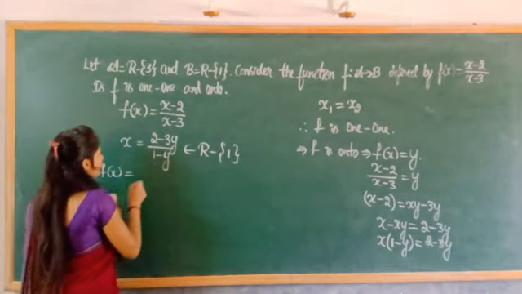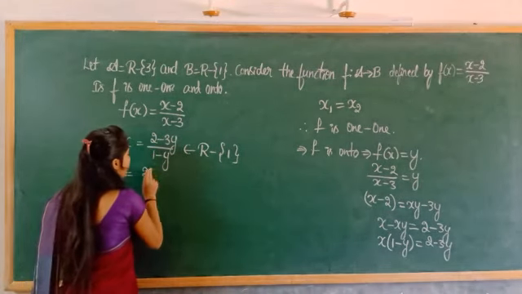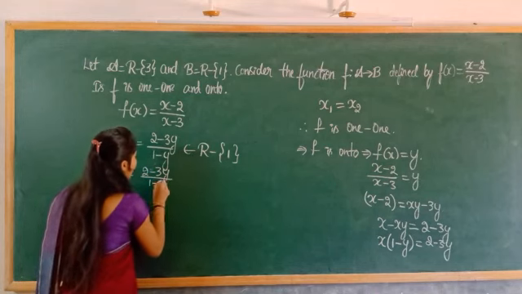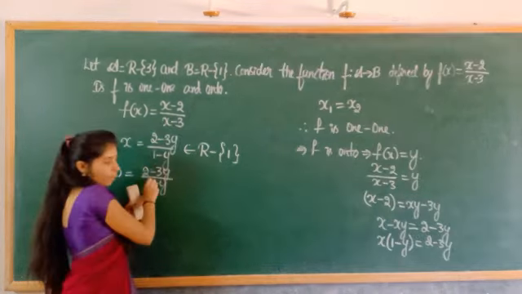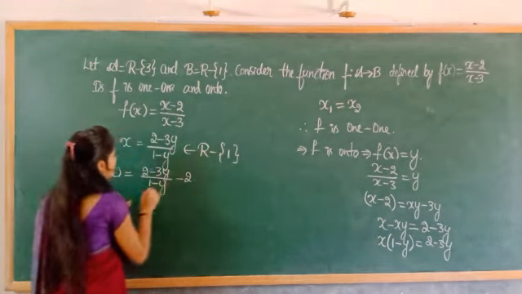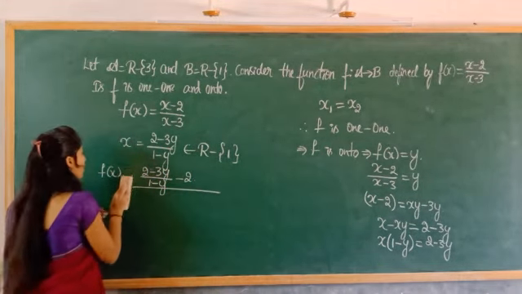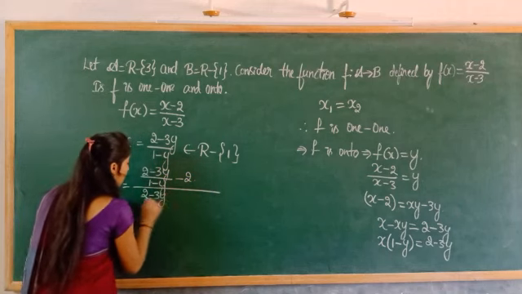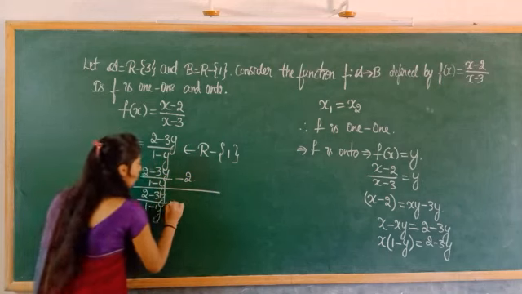Then 2 minus 3y by 1 minus y, this is the x value. Now minus 2, and in the denominator also you have to write 2 minus 3y by 1 minus y, minus 3.